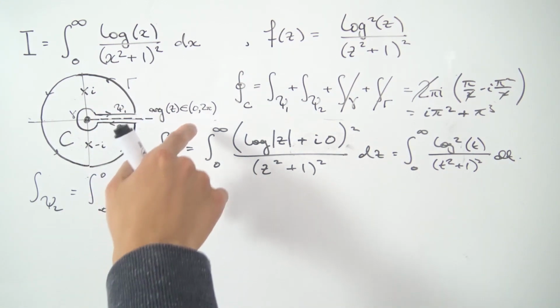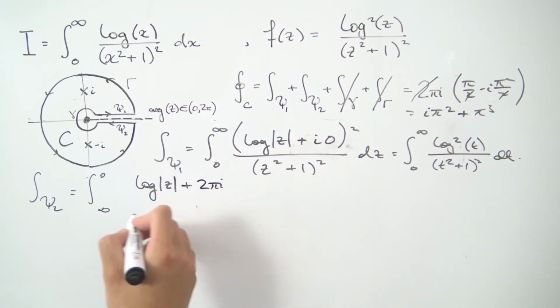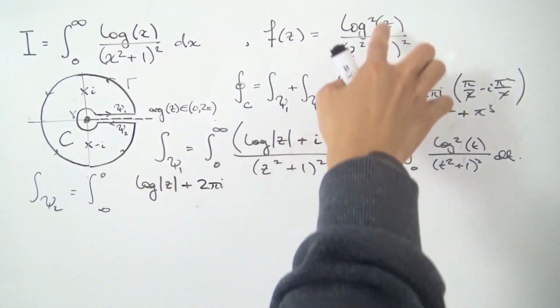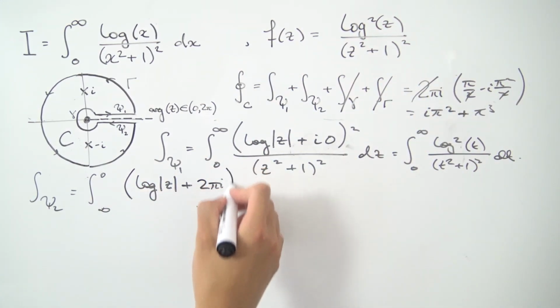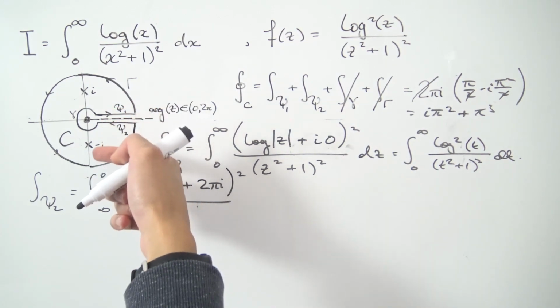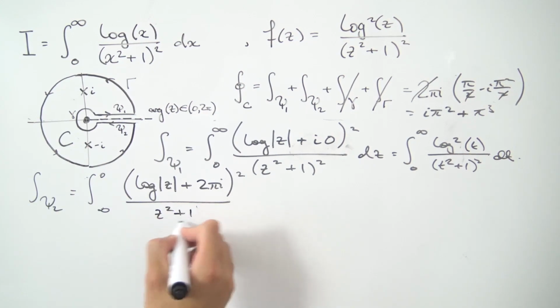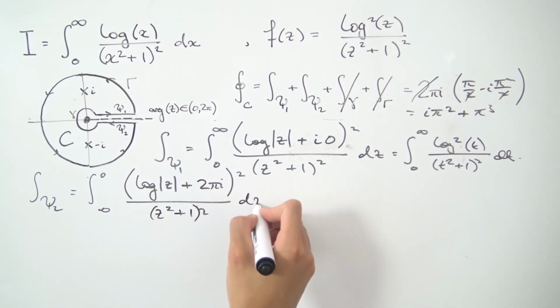But arg of z as we approach from below is 2 pi. So this is plus 2 pi i, and we have to square the whole thing. This is divided by, just like before, approaching from below, the denominator stays the same, so z squared plus 1, the whole thing squared, dz.